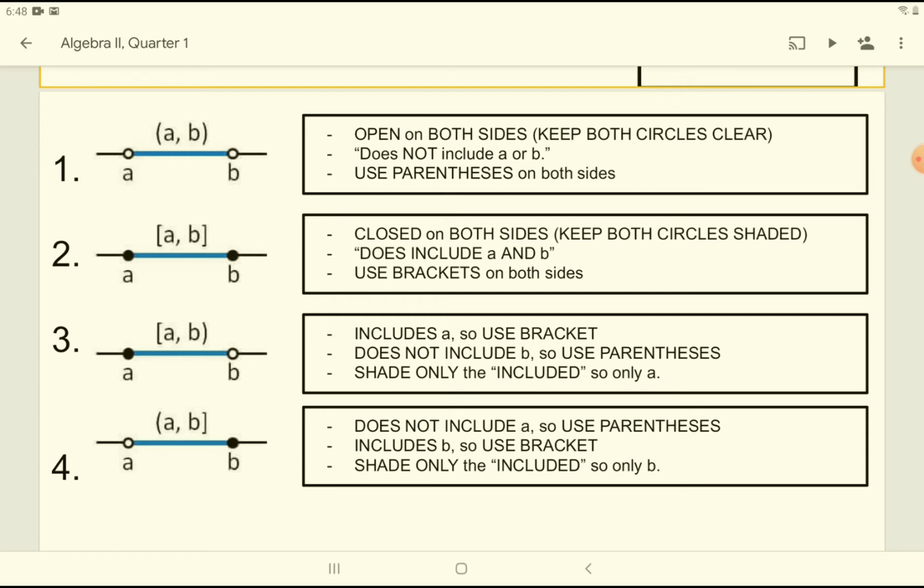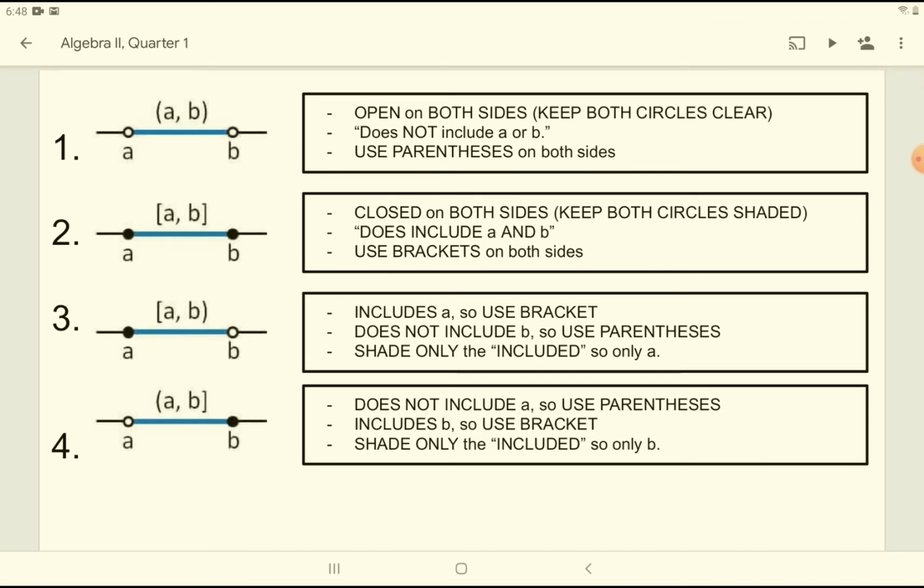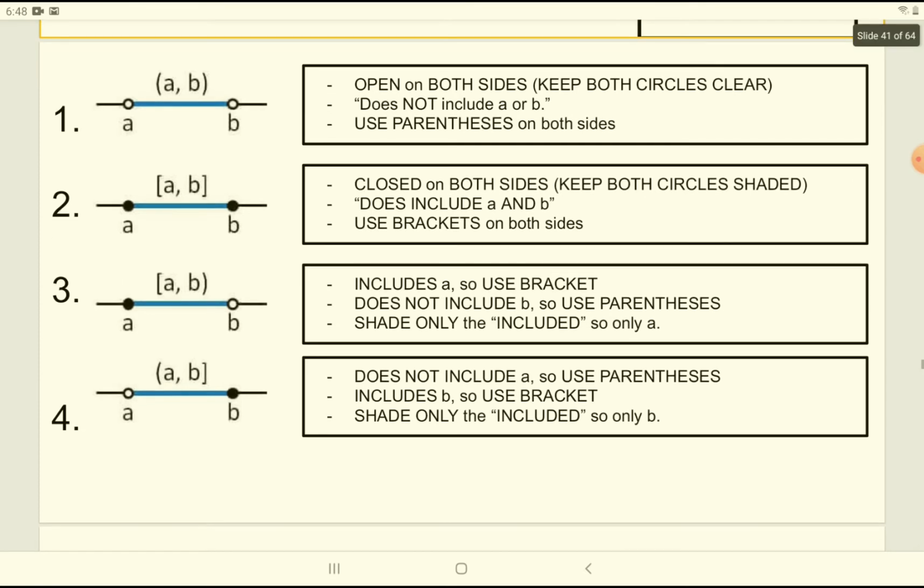So we're only going to shade the included part, which is A. And then number 4, same, except a little vice versa. A is open, B is closed. So we're going to shade B, and give B the bracket. And we're going to give A the parentheses. We're going to keep A open.